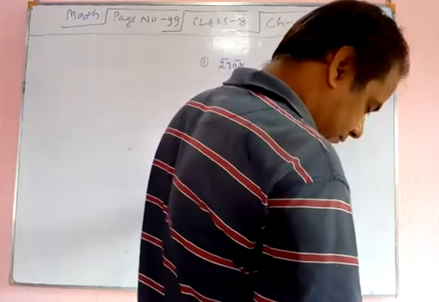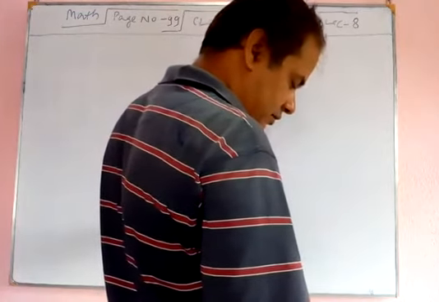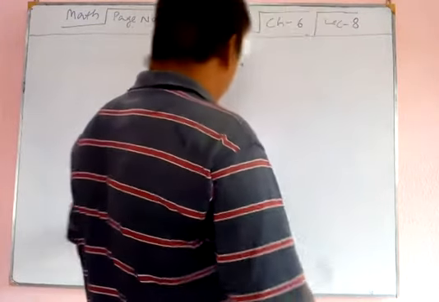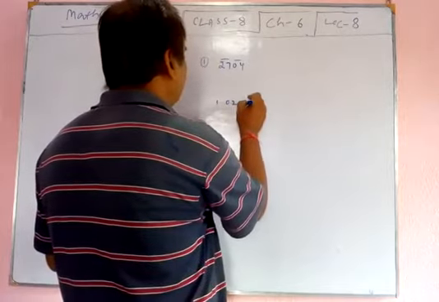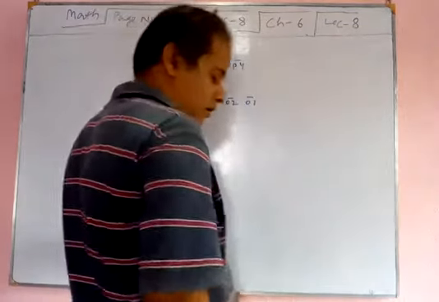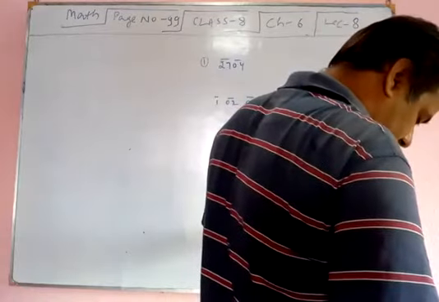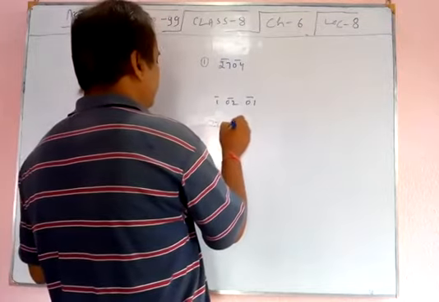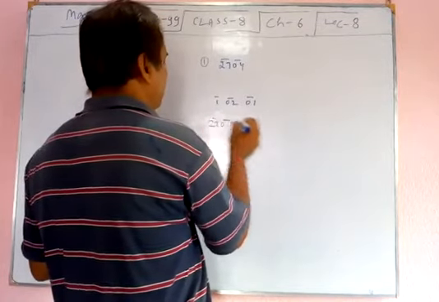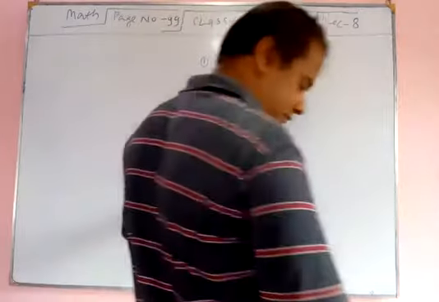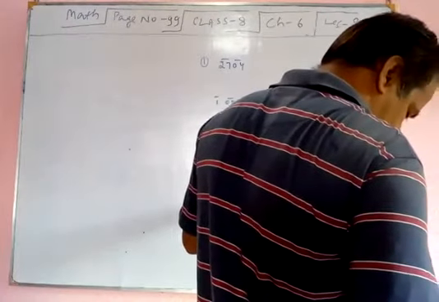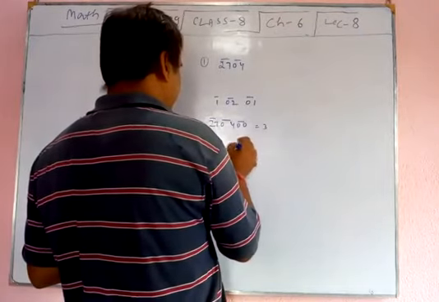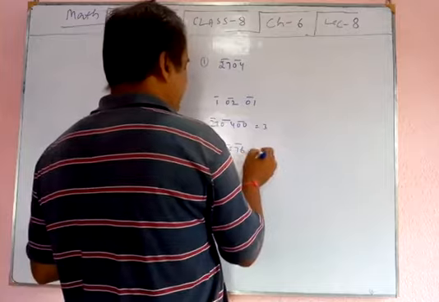Second, 10201. So the number of bars is equal to 3. 270400. Number of bars is equal to 3. 1048576. Number of bars is equal to 4.